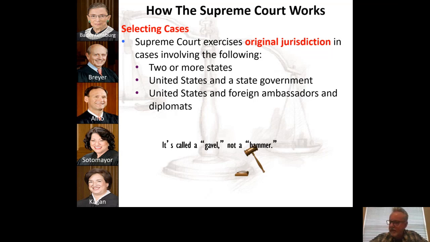Last year, I don't believe there were any cases of original jurisdiction. Usually what will happen in a case involving original jurisdiction that the Supreme Court can hear, and by the way, this is in the Constitution, in Article 3 of the Constitution, about the role of the Supreme Court, they often remand the case to a federal district trial court.